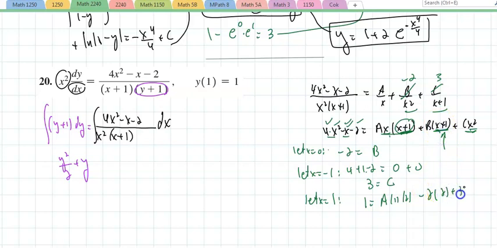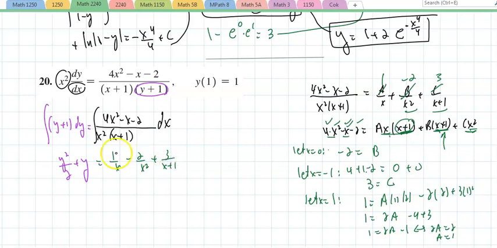And C I know is 3 times 1 squared. And there I can figure out what A is. 1 equals 2A minus 4 plus 3. 1 equals 2A minus 1. So 2A equals 2, A equals 1. So I got this to equal 1 over x minus 2 over x squared plus 3 over x plus 1.